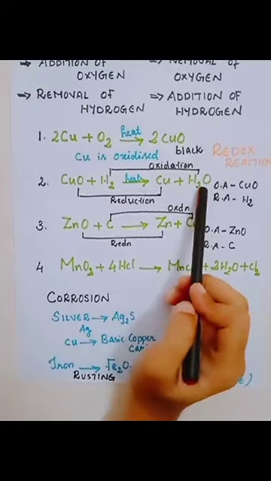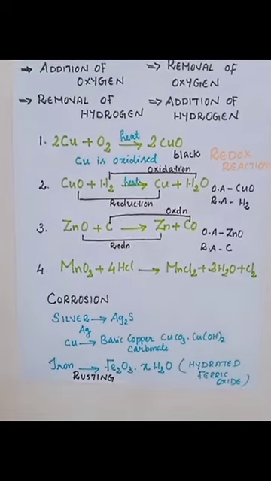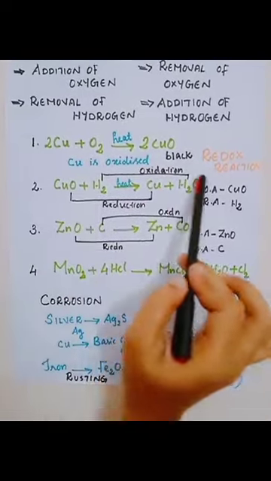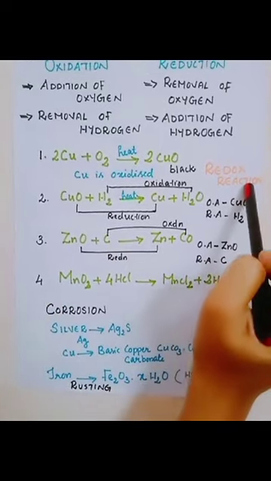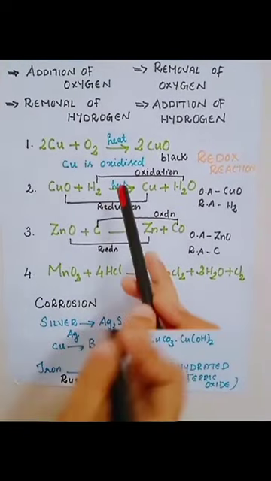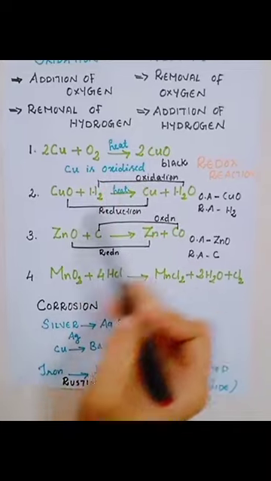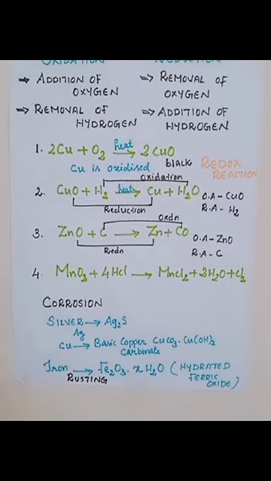Hydrogen changes to H2O, therefore it is undergoing oxidation. Overall this reaction is called a redox reaction. From the equation you will understand which is undergoing oxidation and which is undergoing reduction.